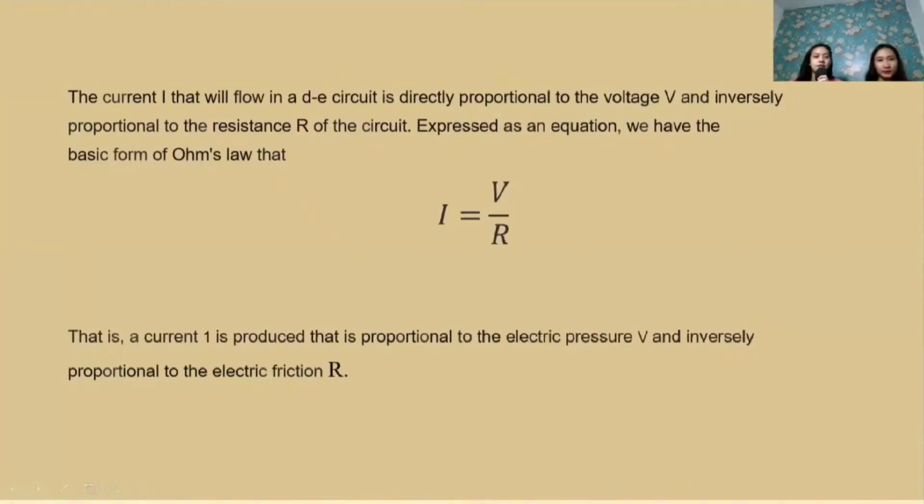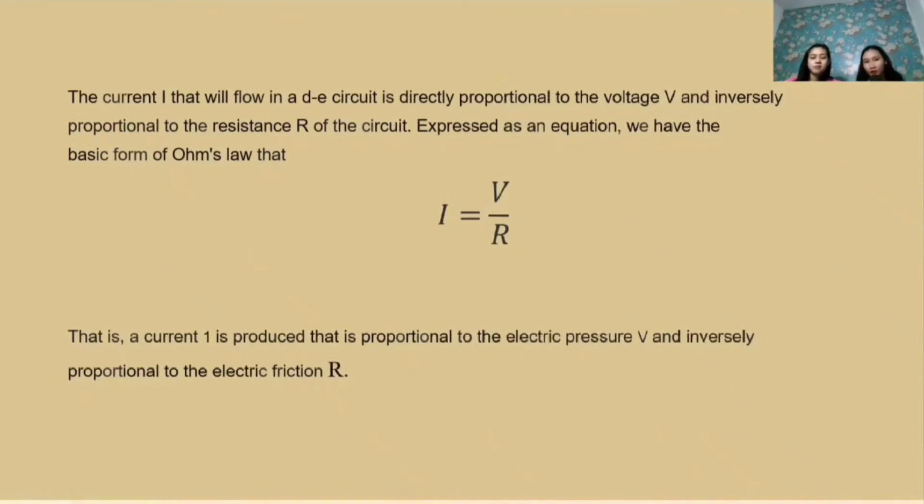The current, which stands for I, will flow in a direct current, an electric current that flows in only one direction. This is directly proportional to the voltage V and inversely proportional to the resistance R of the circuit. This equation expresses the basic form of Ohm's law.